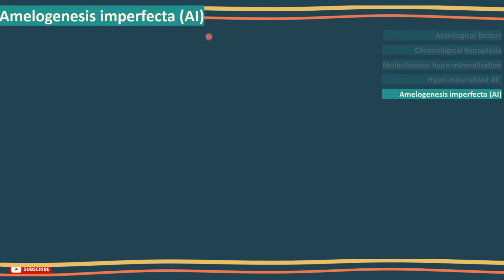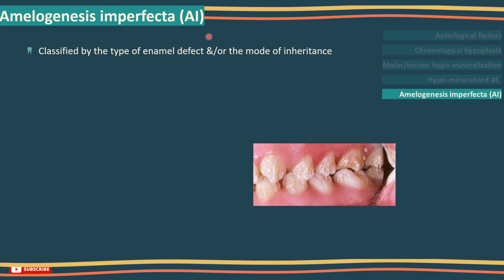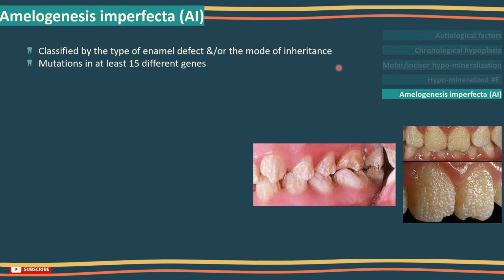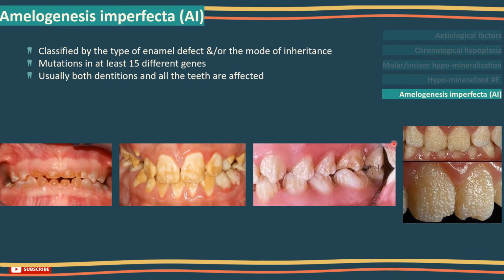Amelogenesis imperfecta. Many classifications exist, but generally these are classified by the type of enamel defect and/or the mode of inheritance. There are now known to be mutations in at least 15 different genes that are associated with amelogenesis imperfecta, usually affecting both primary and secondary dentitions, and all the teeth.